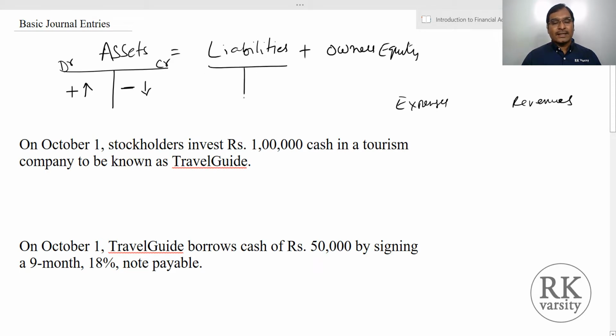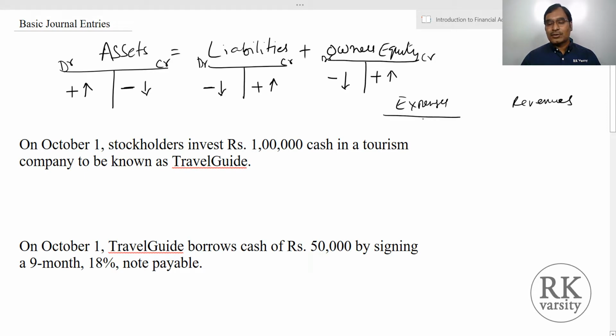On the other side, when it comes to liabilities, when there is an increase in a liability, we credit it, and when there is a decrease in a liability, we debit it. The same rule applies to equity also. In case there is an increase in equity, we credit it, and in case there is a decrease in equity, we debit it.